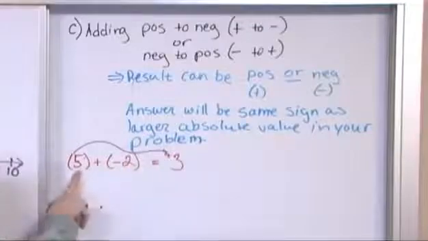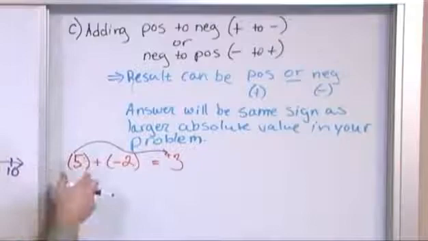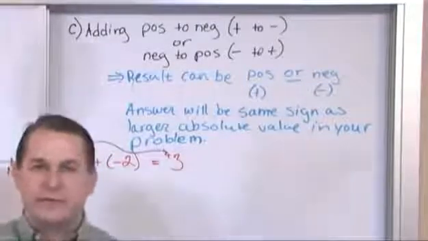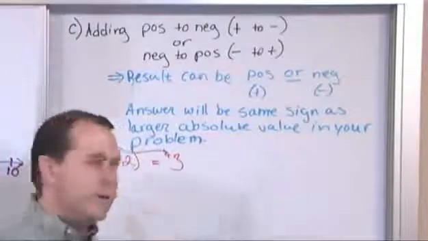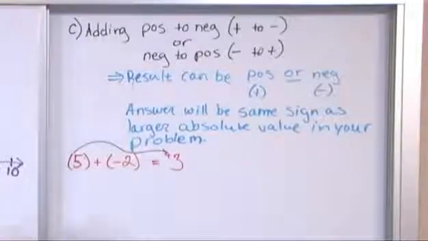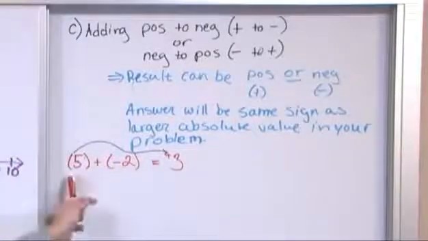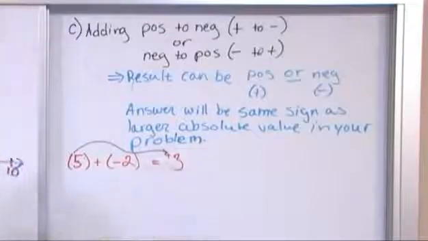This is positive 5 and this is negative 2. Remember, absolute value just gets rid of the sign. So this number is bigger from an absolute value point of view than the negative number. So the answer is going to be positive just because this number is positive, and of course this is negative here. Now, what do you do to get the actual number? You simply subtract the absolute values. So 5 minus 2 is 3, so that's why we get a 3 there.